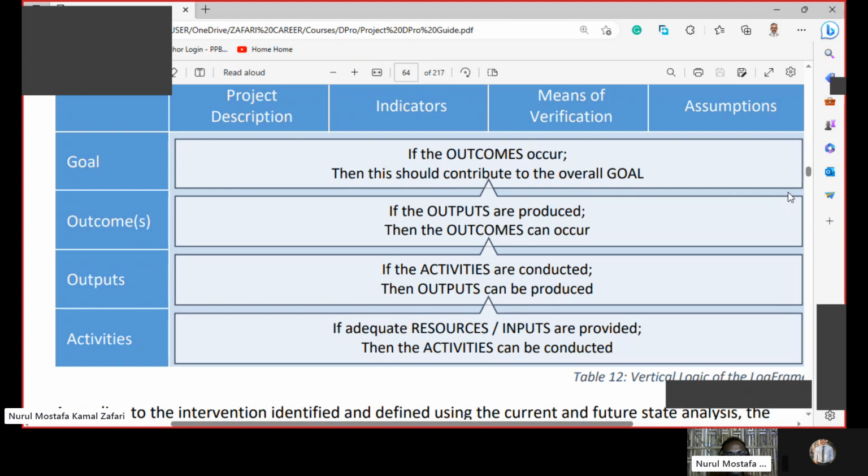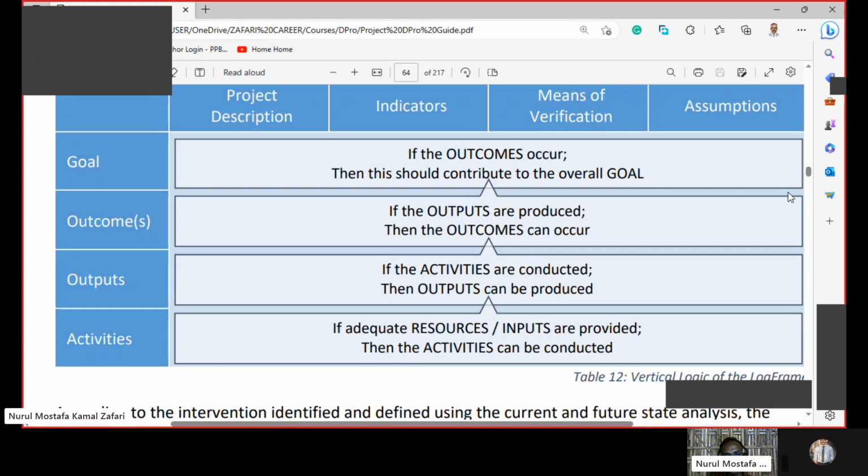Now, how does one vertical logic make another logic true, and by holding true, it really reaches the topmost logic of a logical framework. The lowest logic of this framework is the activities.